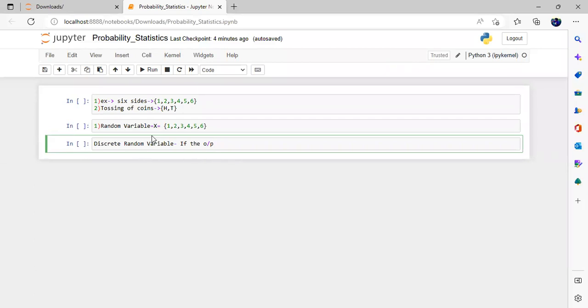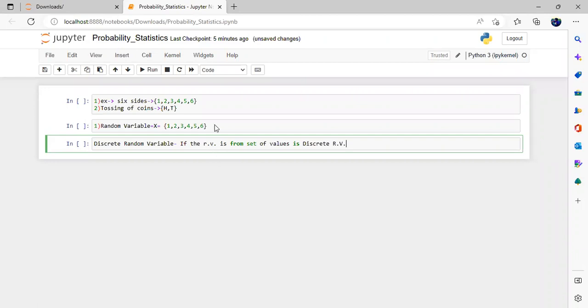There are two terms, discrete random variable and continuous random variable. If the random variable takes values from a set of values like this, it is called a discrete random variable.